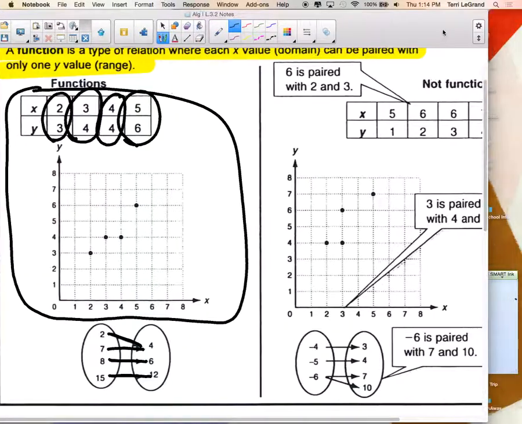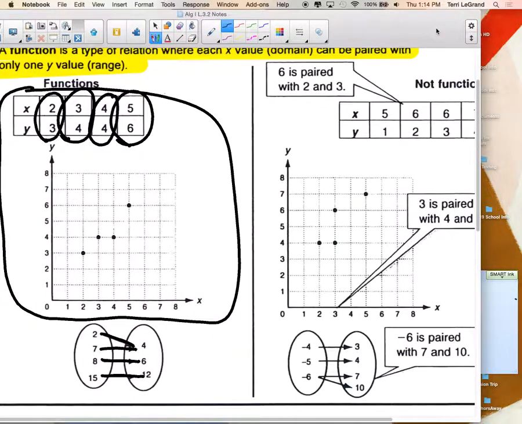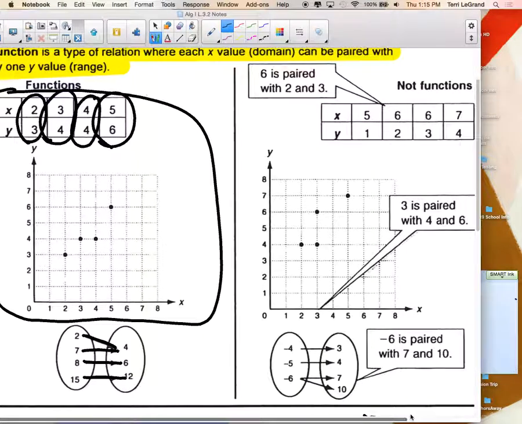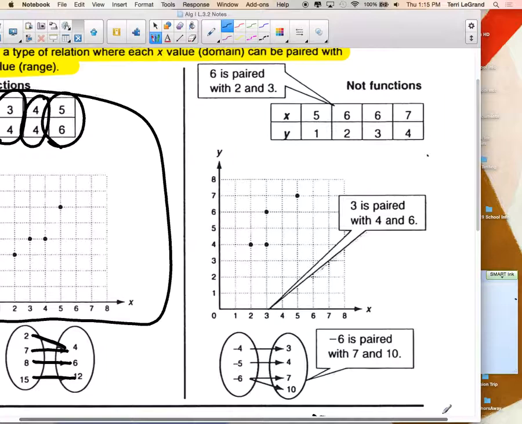Okay? Any other questions? Let's look at the not a functions one right here. We have this table, which does not go with this graph, by the way. We have this table, and look at right here. When x is 6, what's true? It's paired up with 2 different y values. It doesn't just have one.